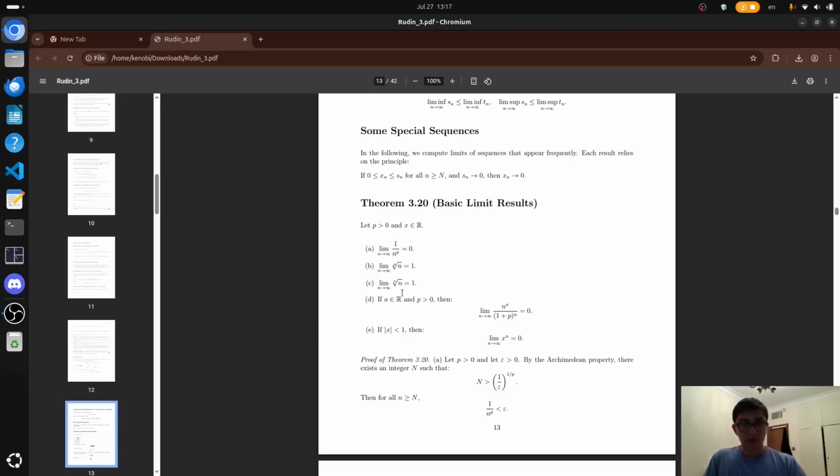There's a mistake here. The limit as n goes to infinity of the nth root of n equals 1. And if alpha is a real number and p greater than 0, then the limit as n goes to infinity of n to the alpha over 1 plus p to the n is equal to 0. And if the absolute value of x is less than 1, then the limit as n goes to infinity of x to the n equals 0.